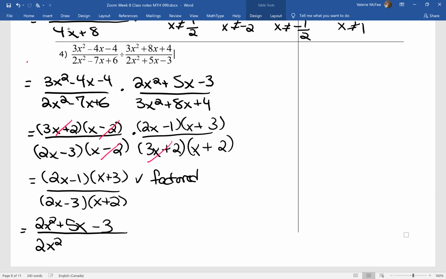And again, I don't want to see your multiplying work. All of the work that you have for multiplying out those binomials should be done in your rough workspace. If you haven't found your restrictions yet, pause the video and do so now.